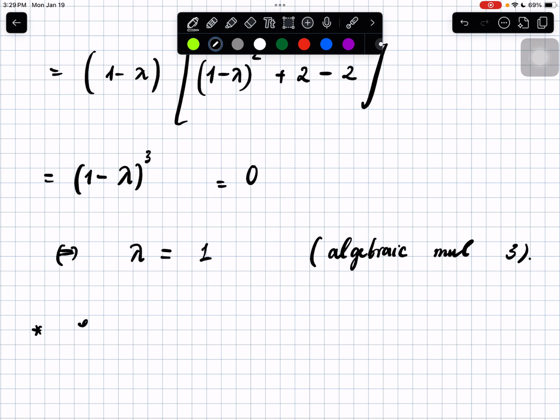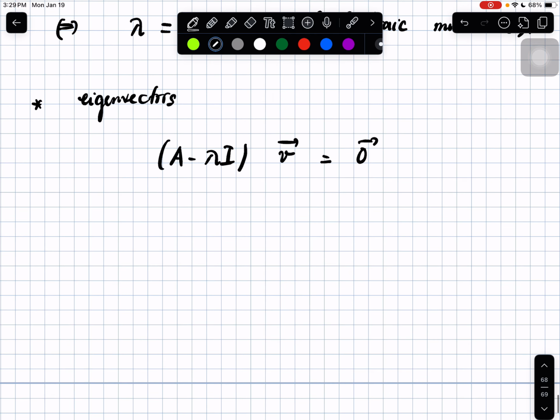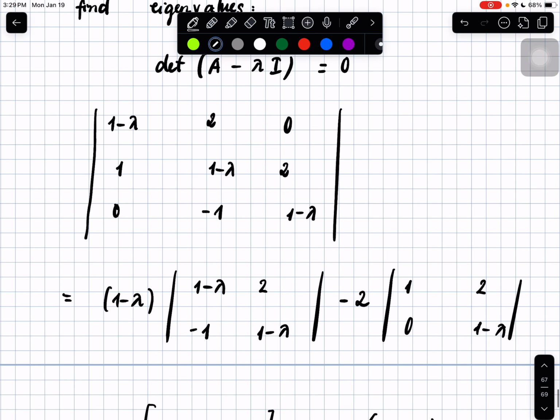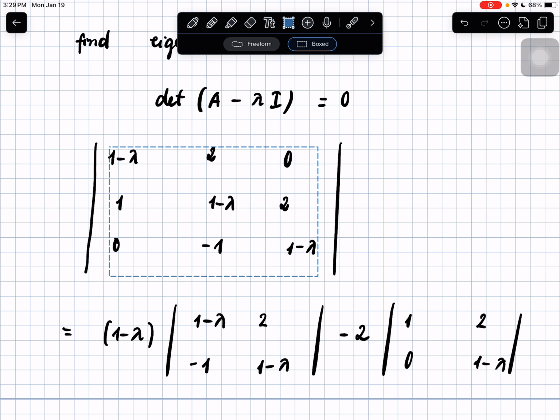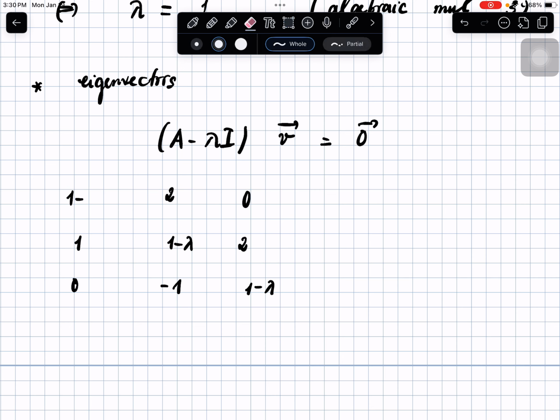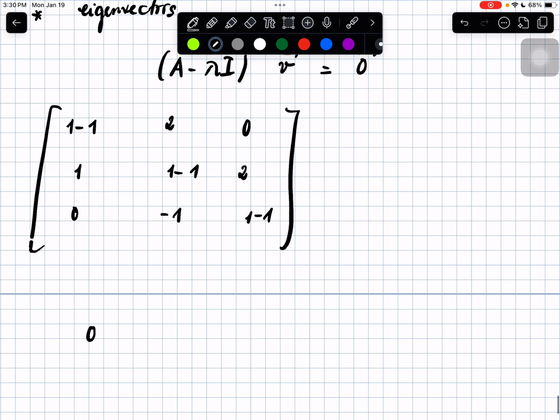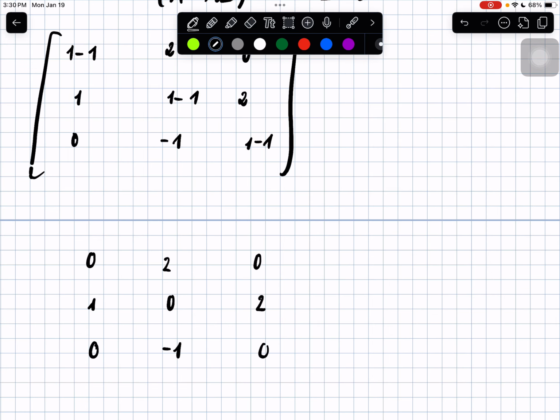Now we find eigenvectors. V is an eigenvector associated to lambda if A minus lambda I times V equals 0. So this is the matrix A minus lambda I, with lambda equal to 1, which gives us [0, 2, 0; 1, 0, 2; 0, minus 1, 0].